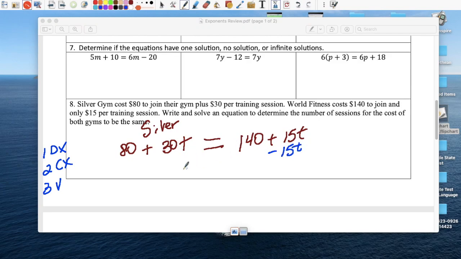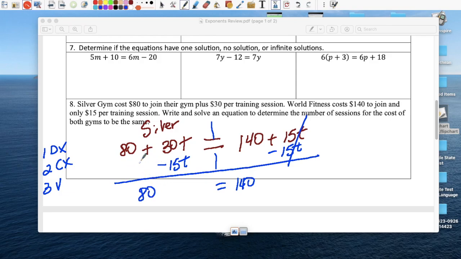Minus 15t, minus 15t. Line in the middle, sorry. That goes away because it's 0. 140 comes down. This 80 comes down because there's nothing to do. And then 30 minus 15 is positive 15t. Subtract 80 from this side. Subtract 80 from this side.